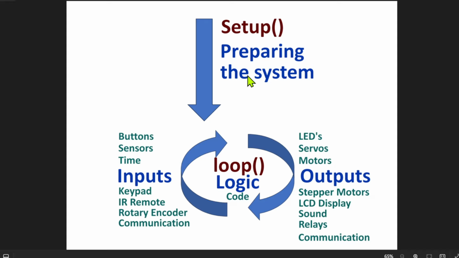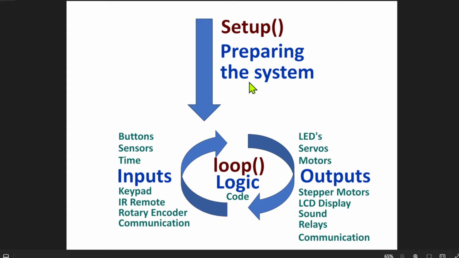An input is when something is coming from the outside into our board, and an output is a signal that is sent out to control something else, and you'll see those within the main loop. But when we start the system, we have to tell our board whether each pin is an input or an output.